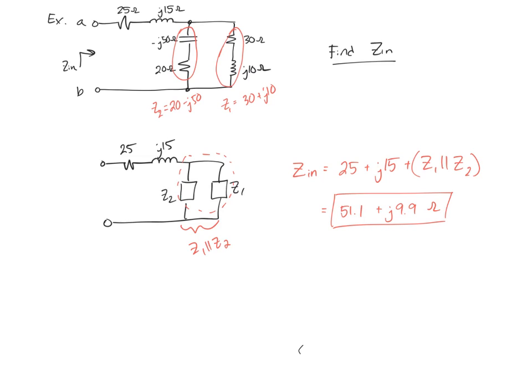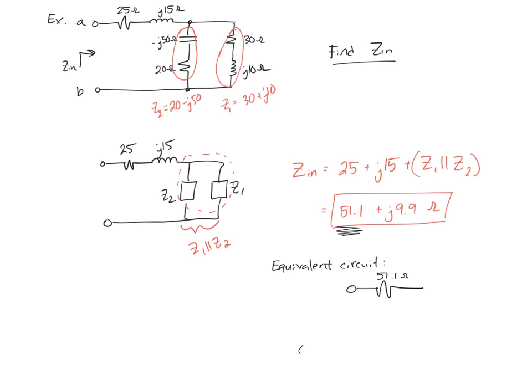Again, Z should be a complex number, and in this case it has a real component and an imaginary component. Because of this, we could simplify the circuit into an equivalent circuit that behaves the same way between nodes A and B with only two elements. We could redraw that circuit as having a part with a real component, which we know are only resistors, so that would be a value of 51.1 ohms.